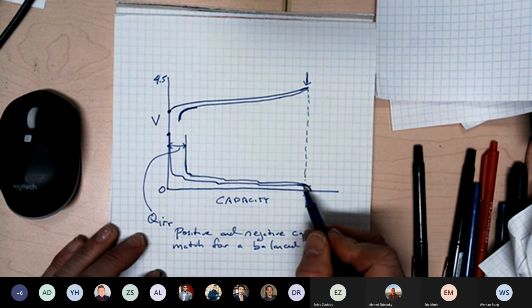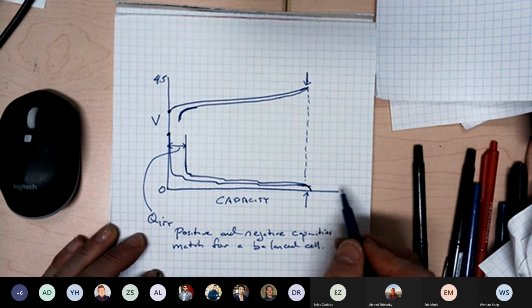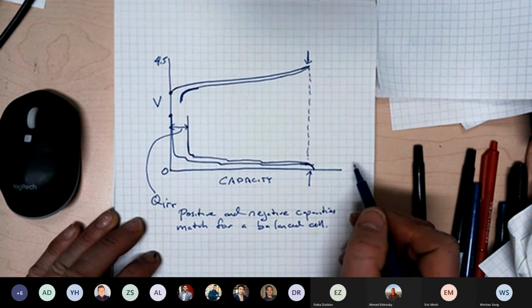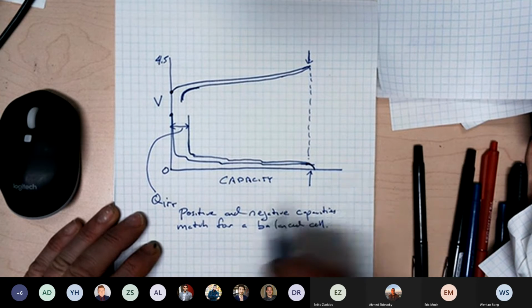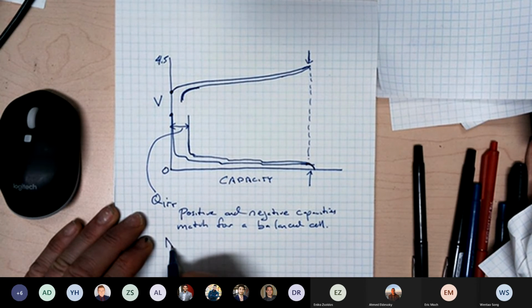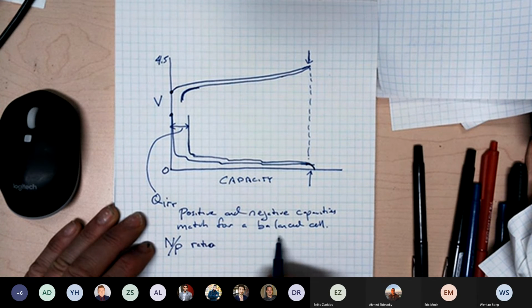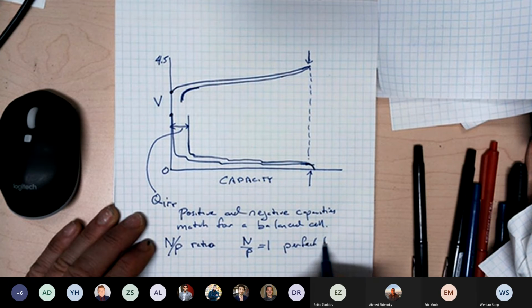It's common to leave some excess graphite in the cell. We do that. Everyone does that. And that's called the N to P ratio. For a perfectly balanced cell, N to P equals 1. Perfect balance.